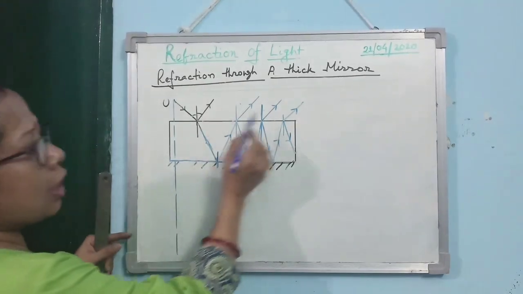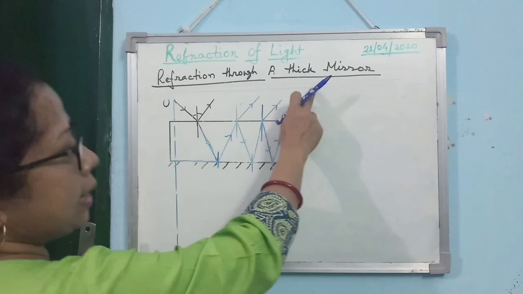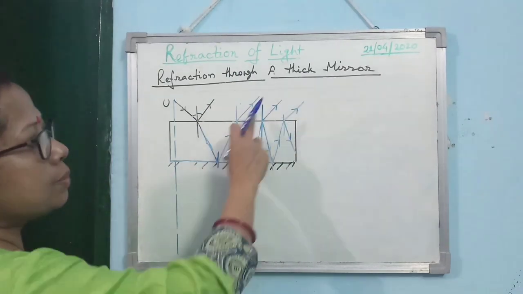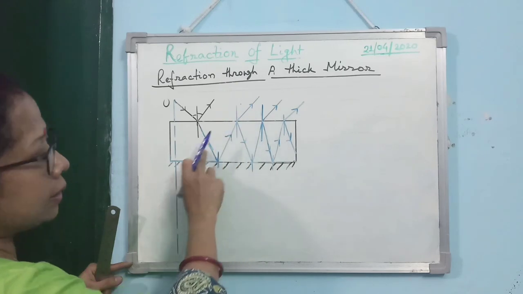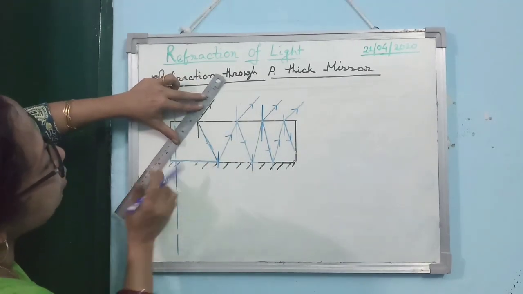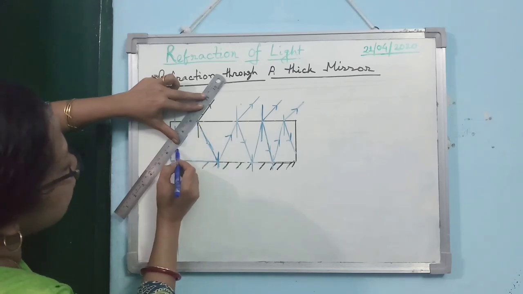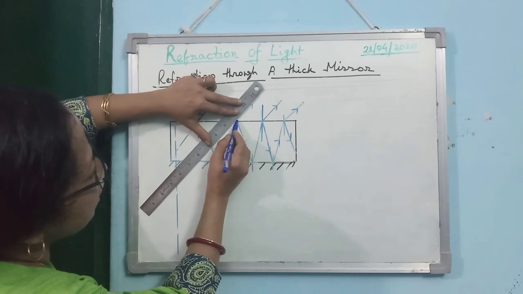So if the observer receives all this light, then what will happen? Observer standing here receiving all this light, what will the observer do? The observer will retrace the path, extend the path in the backward direction. So if you extend the path in the backward direction, then you see what is happening. It is meeting it here. Then the second one, I hope you are observing how I am extending.